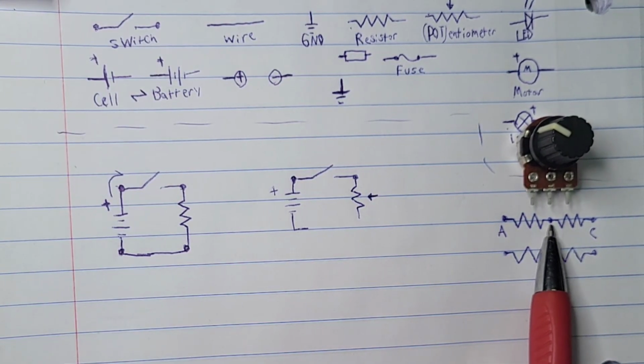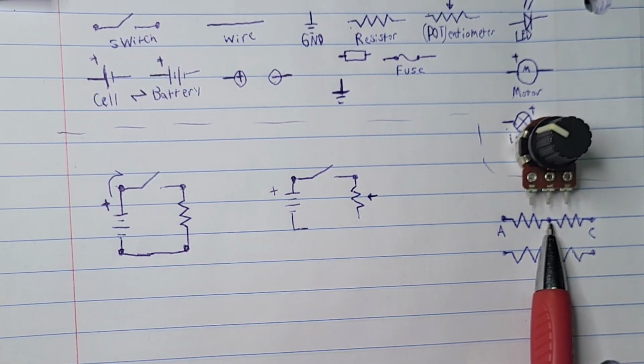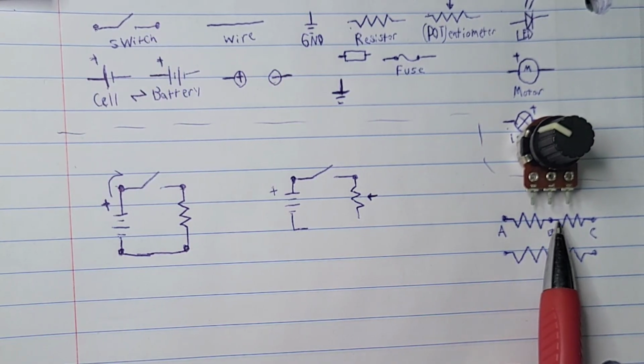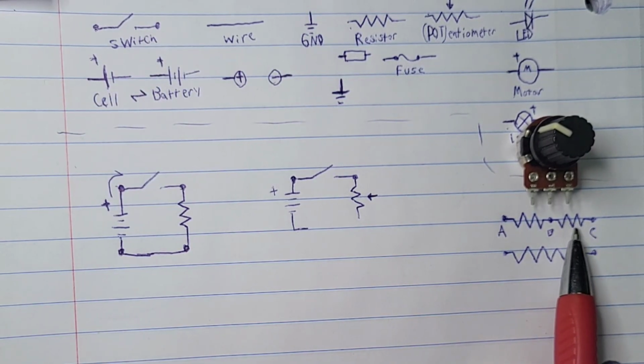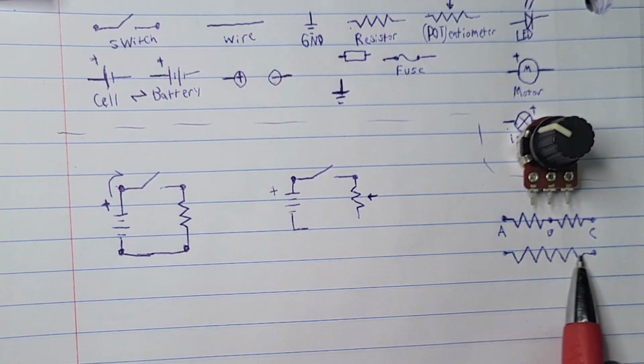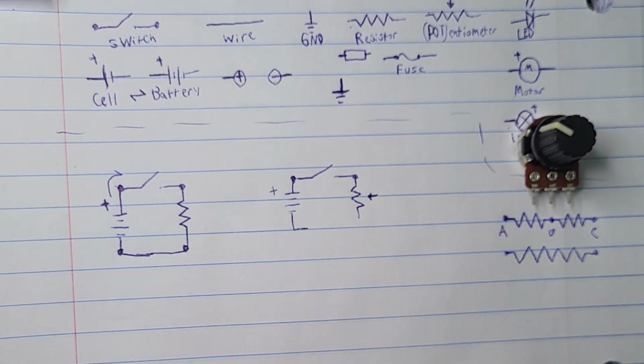So it's like pulling on the middle of 2 rubber bands. If you pull it this way, the A to B will be smaller, but B to C will be larger. So you're just changing this value in the middle. You're not changing the overall resistance. Hopefully that clears it up a little bit.